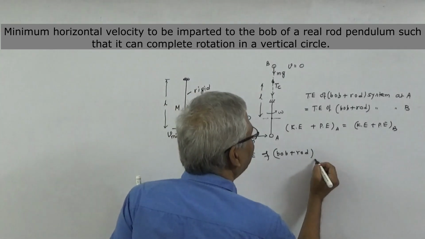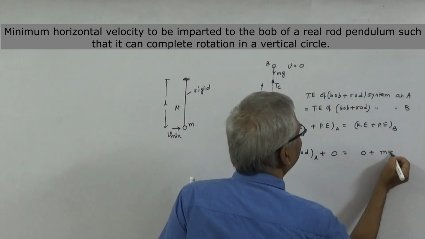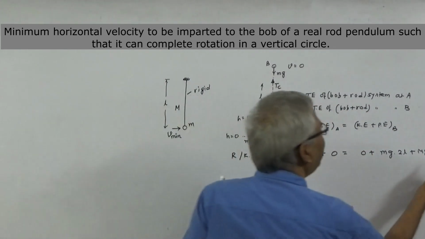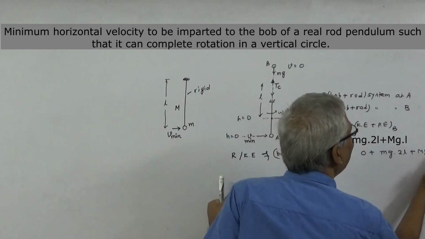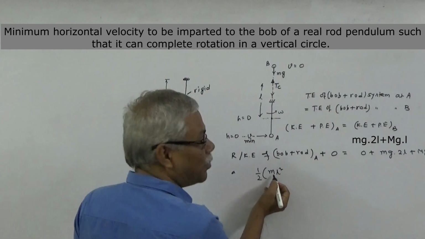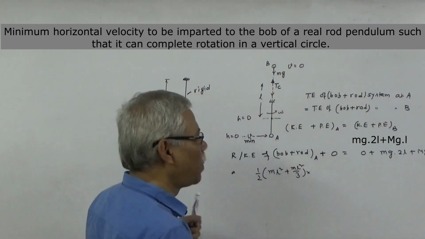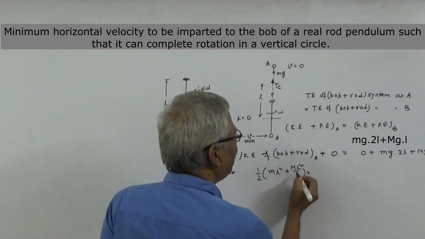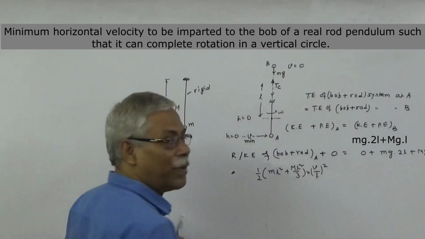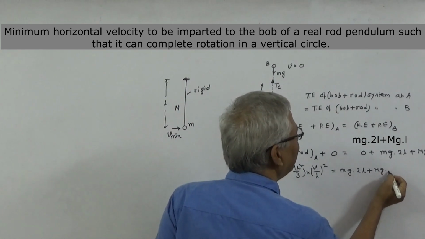Rotational kinetic energy of bob plus rod at A, plus potential energy 0, equals kinetic energy 0 plus potential energy mg into 2L, plus potential energy of the rod, whose center of mass has gone to this position, mg into L. So half, this is the moment of inertia of the bob, mL², plus the moment of inertia of the rod, ML²/3, into omega squared, where omega equals v by L. This is equal to mg into 2L plus MgL.